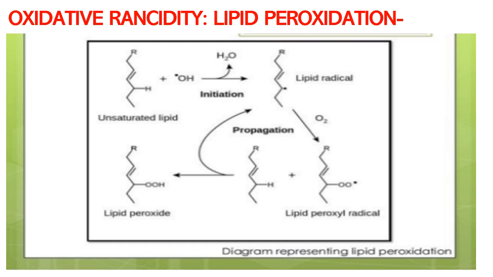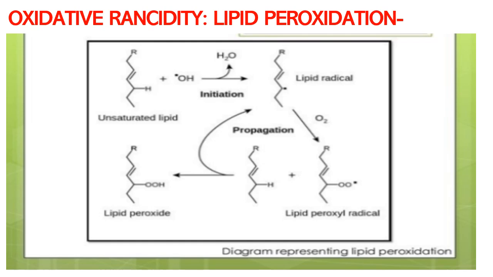Next, oxidative rancidity, which is also known as lipid peroxidation. In this process, unsaturated lipids undergo oxidation process to form lipid radicals. This is initiation process. Then it undergoes oxidation to form lipid peroxy radical.